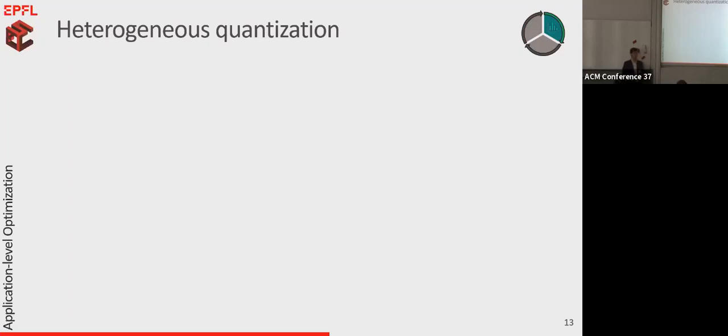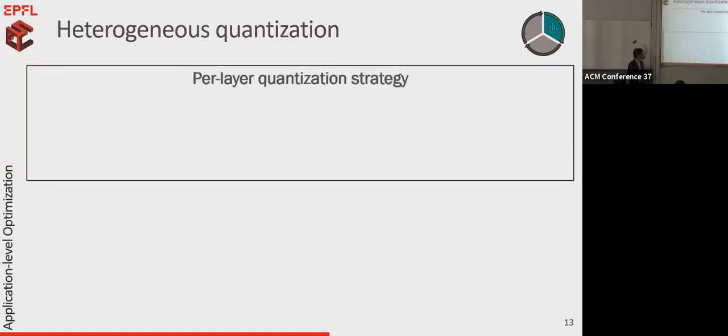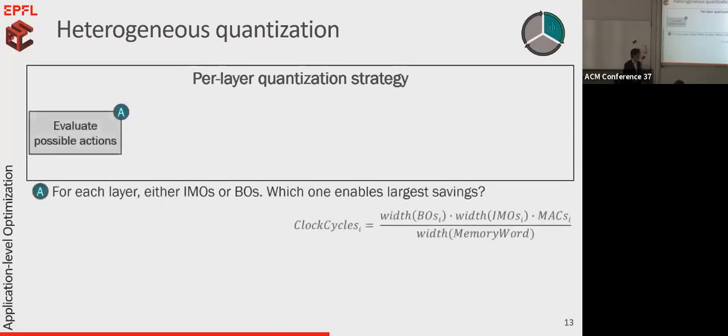The answer is yes. We can optimize quantization in CNNs to improve performance, leveraging the capabilities of the designed compute memory. What we propose is a per-layer quantization strategy that follows a greedy approach. At each step, we evaluate the impact on the number of clock cycles of quantizing more aggressively in-memory operands or broadcaster operands in each layer of the model.